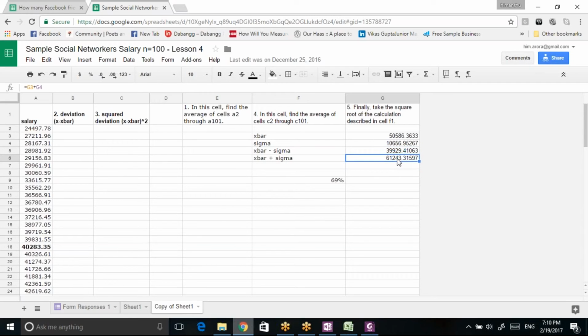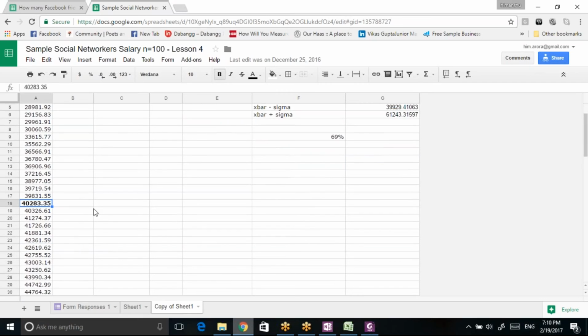Getting it, Venu? So now let's start looking at 39929. This value is below it. We'll start from here, 40283, and then I have to move to 61243, up to here.